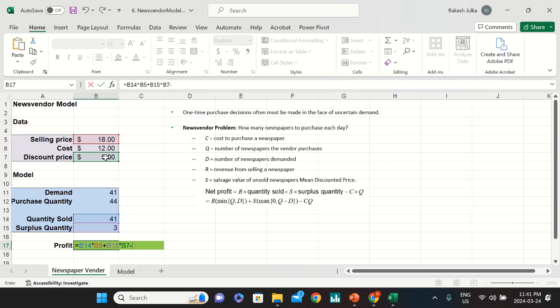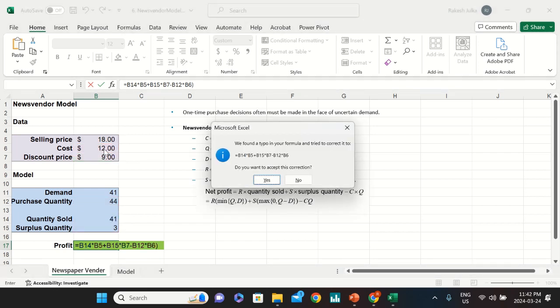Then we will subtract the cost price of the newspapers. The newspapers were bought in quantity 44, multiplied by the cost price, bracket close, and enter.